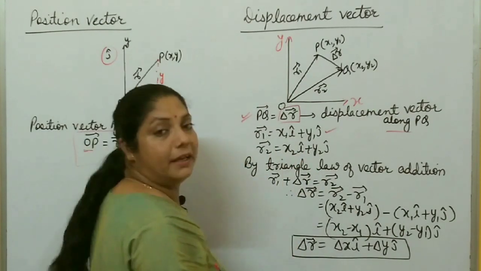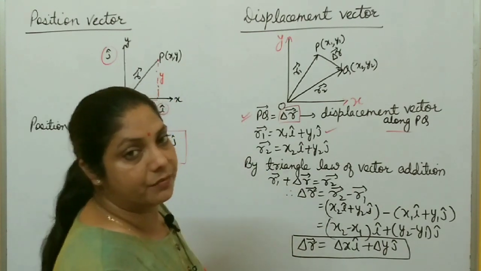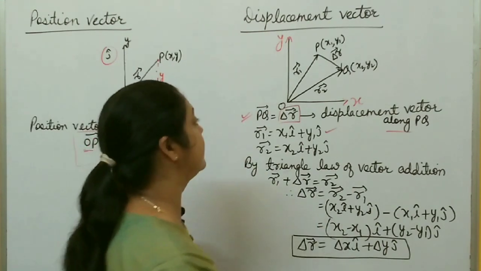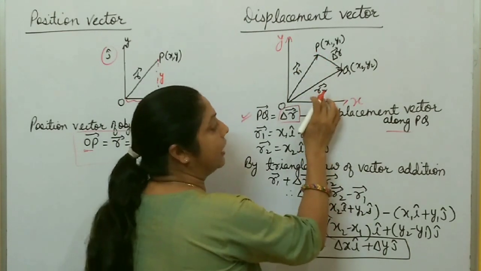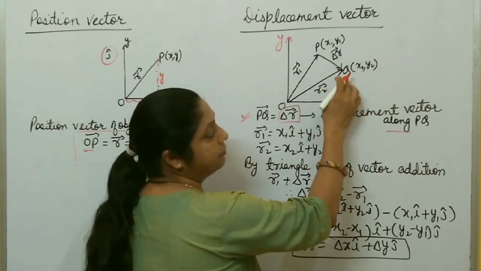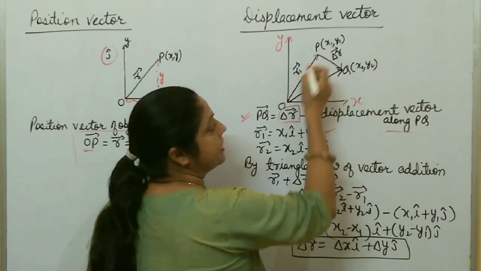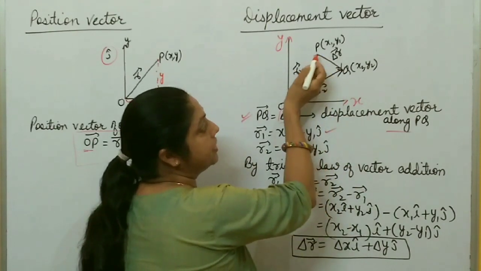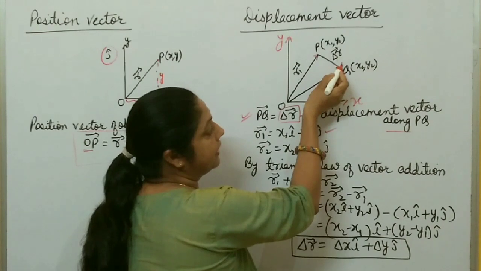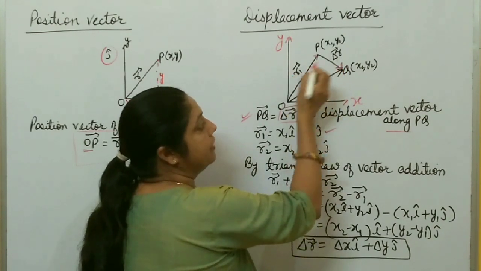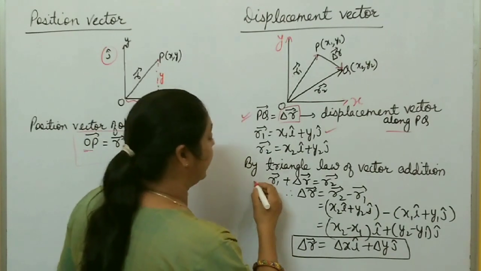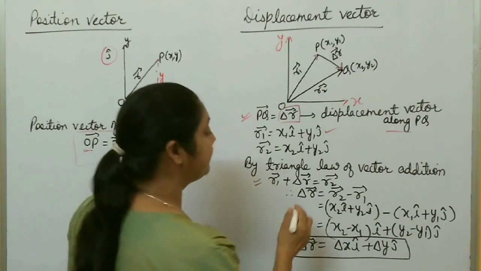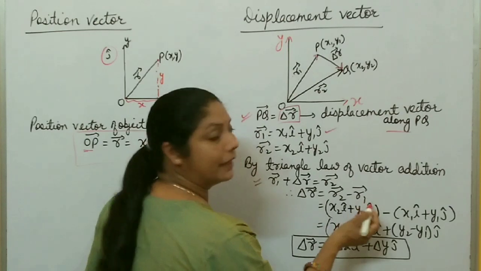Now applying the triangle law of vector addition, we already discussed these things in vector analysis. This is the position vector r1 for point P and r2 is the position vector for point Q. Applying the triangle law with the displacement vector from P to Q, r1 plus delta r equals r2, according to the triangle law of vector addition. From here, delta r is equal to r2 minus r1.